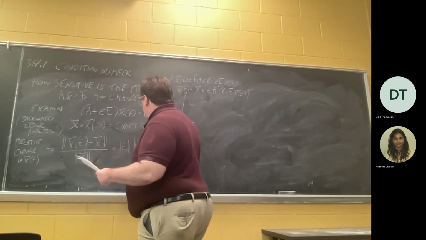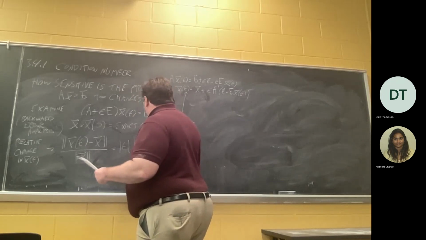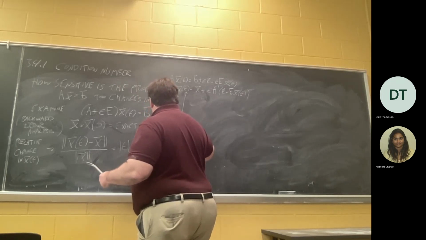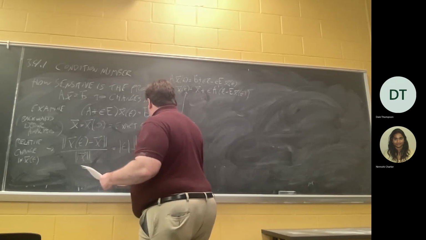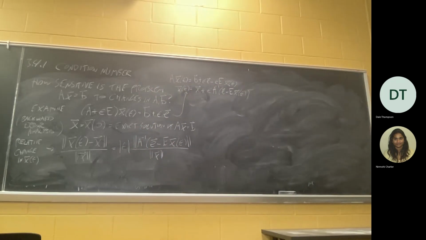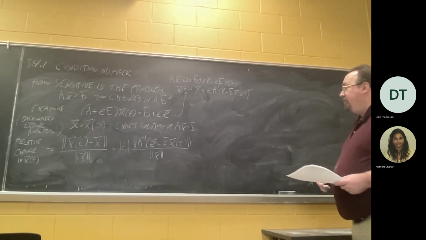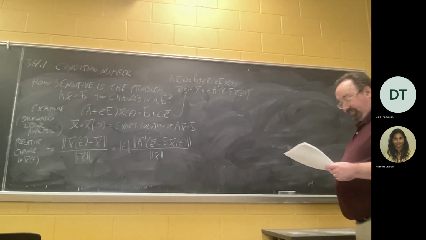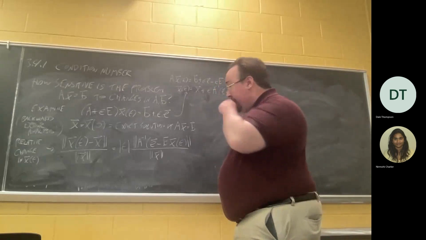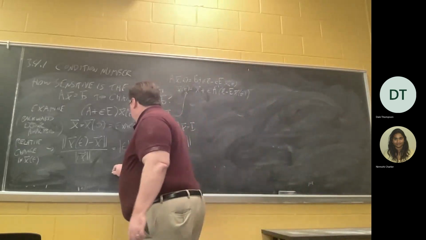So now I have A inverse little e minus big E X of epsilon all over all of X. Now, I've not specified which matrix norm I'm using. I'm just using generic properties of matrix norms, including the sub-multiplicative property that will apply no matter what norm I'm using. Next, I'm going to do a little add-subtract trick here.